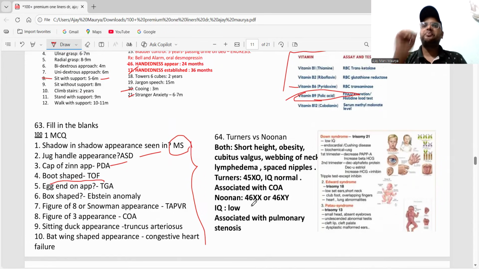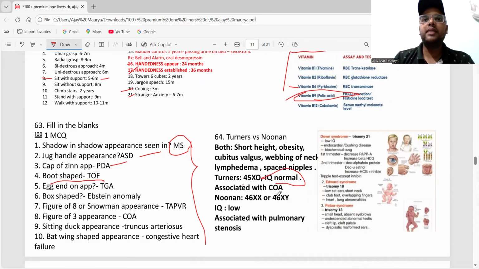Coming to this, Turner's versus Noonan syndrome. Both have short height, obesity, cubitus valgus, webbing of the neck, lymphedema, and wide spaced nipples. In Turner syndrome, as everyone knows, it is 45X. Here remember IQ is normal in this case.